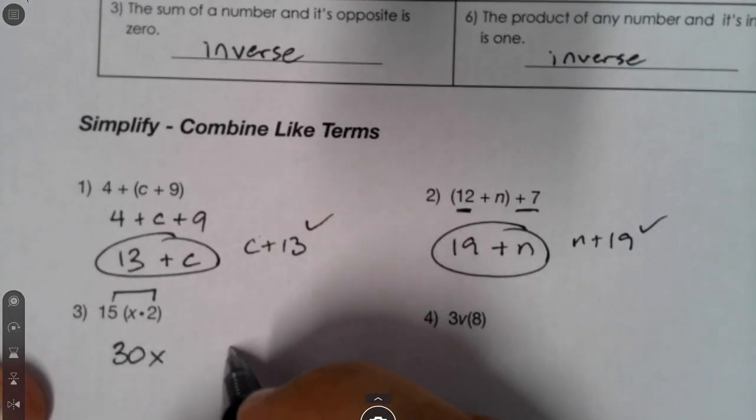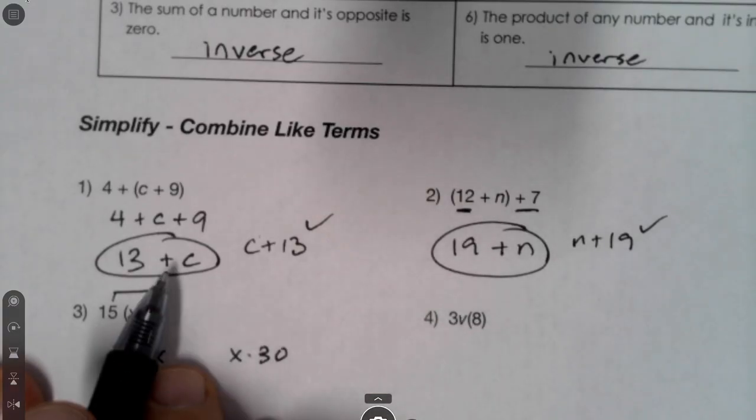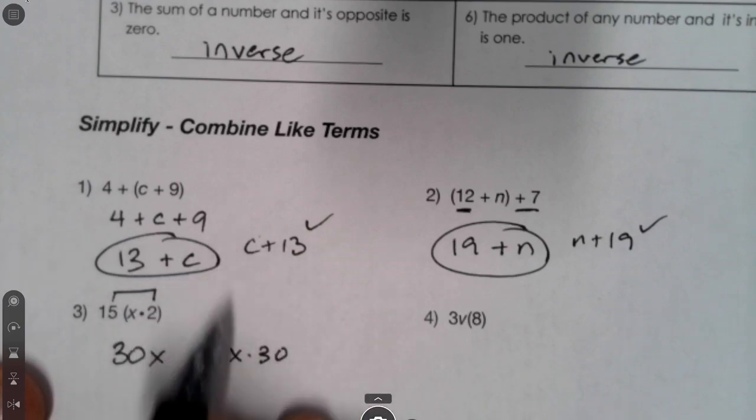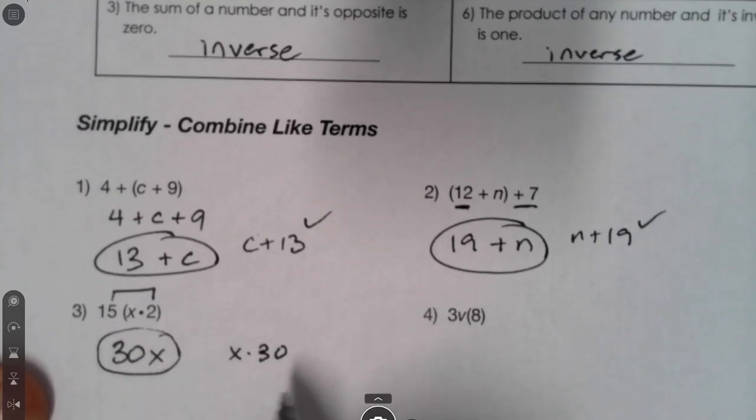Now, it's not technically wrong to write x times 30, but while books will sometimes write things this way or this way when we're adding, you'll almost never see them put the number second and the variable first when they're multiplying. So I won't count it wrong if you do this, but I'm just telling you it'd be good to get in the habit when you're multiplying to put the number first and the variable second.